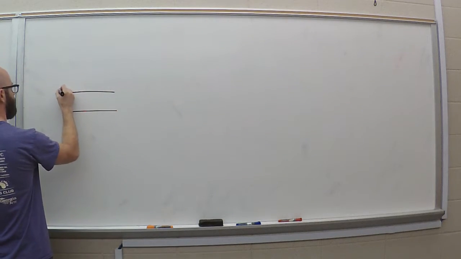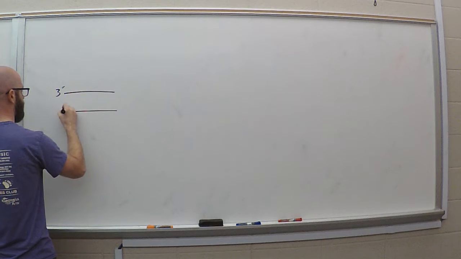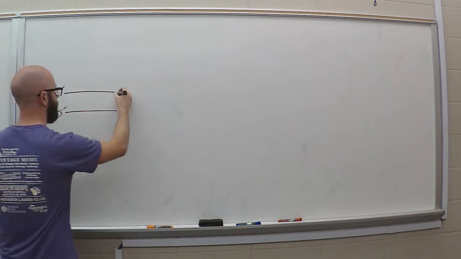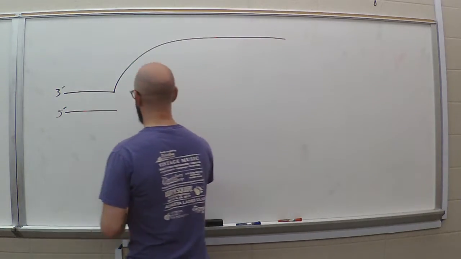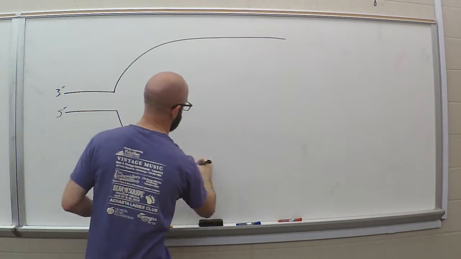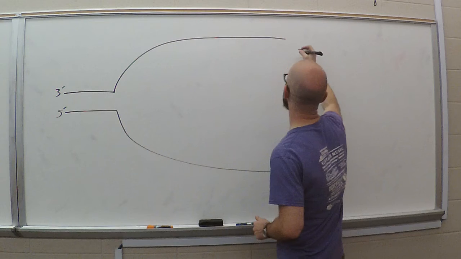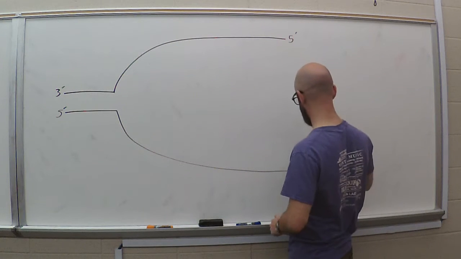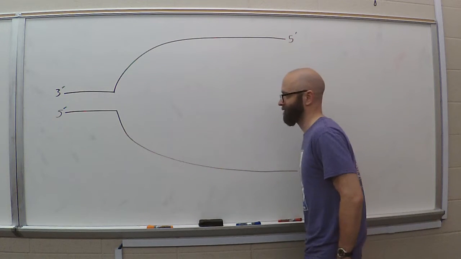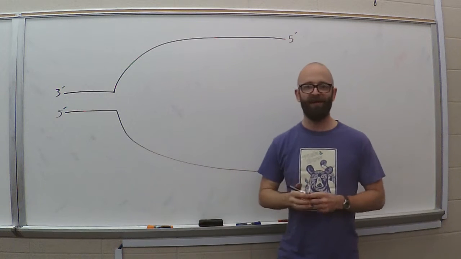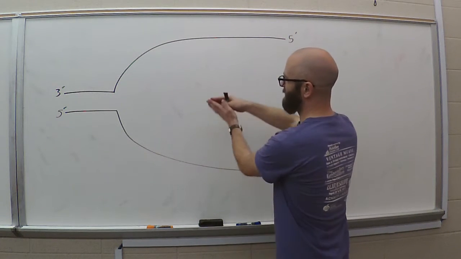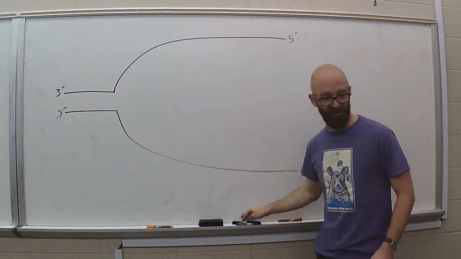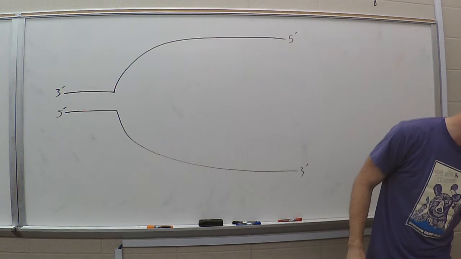Guess it doesn't matter. 3', 5'. Doesn't matter as long as I get this right. 5', 3'. So I'm not going to draw helicase and the SSBs again because this has already been pulled apart. And we'll talk about how replication happens.